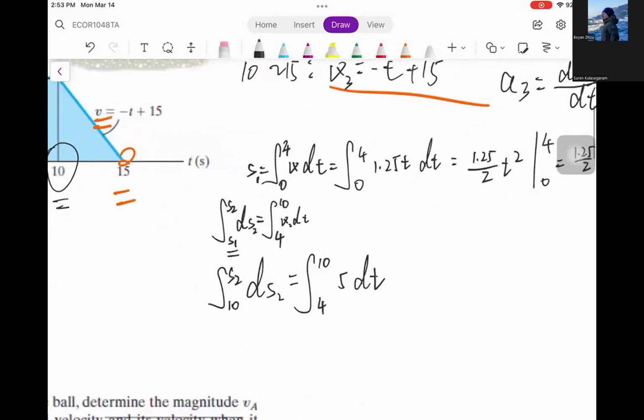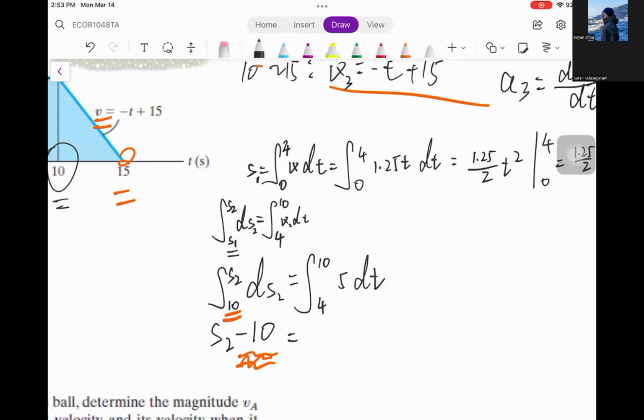So keep simplifying this one. On the left-hand side, we're going to have S2 minus 10. We put the lower boundary 10 here, and we get a minus 10 here. Otherwise, we're going to miss this 10 and eventually get a wrong value.